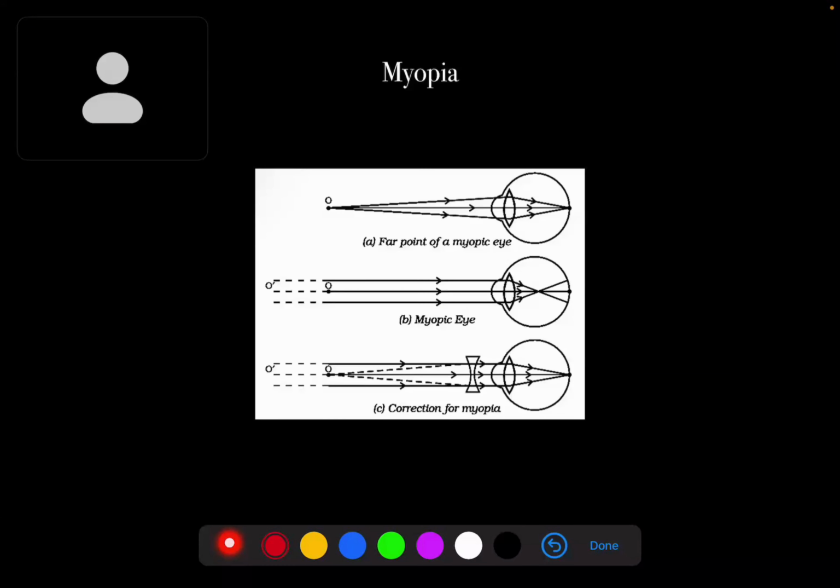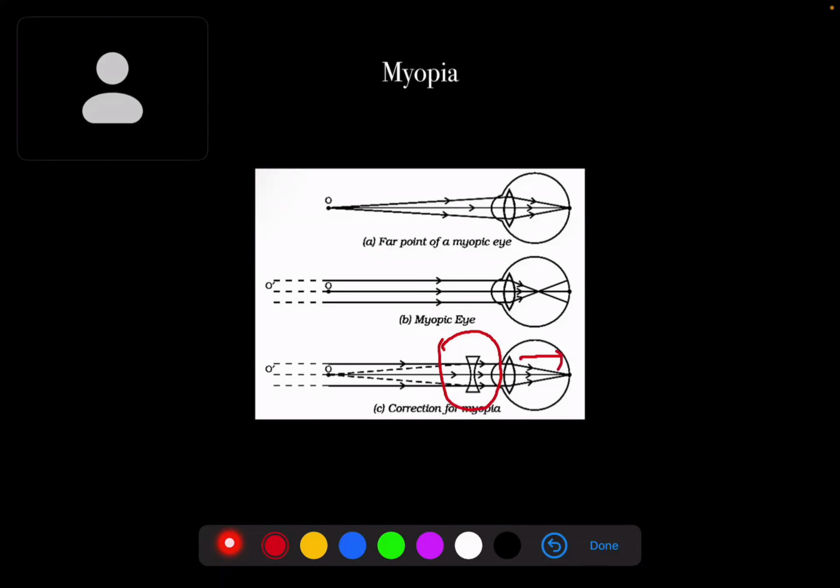In myopia, you will have to use corrective lenses, which are called negative lenses or concave lenses, to correct the error. So the focus, which falls in front of the retina, will be taken back onto the retina.